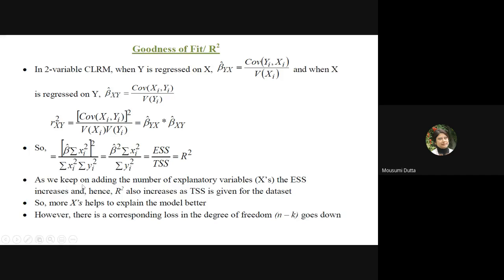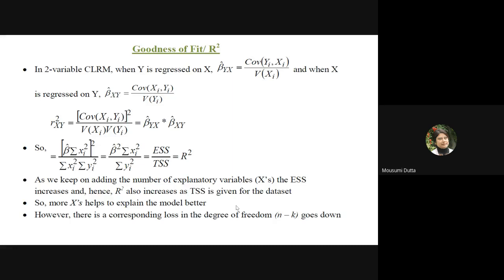Okay. And as we keep on adding the number of explanatory variables, the ESS increases, the explanatory power of the model increases, and hence R square will also increase. TSS remaining constant, as you go on increasing the number of explanatory variables, your explanatory capacity will improve and ESS by TSS will also improve.